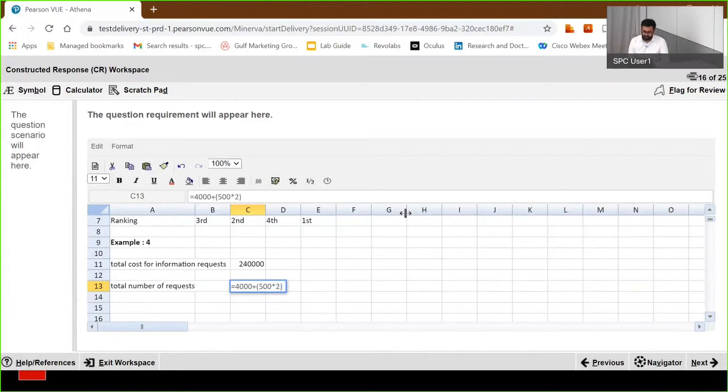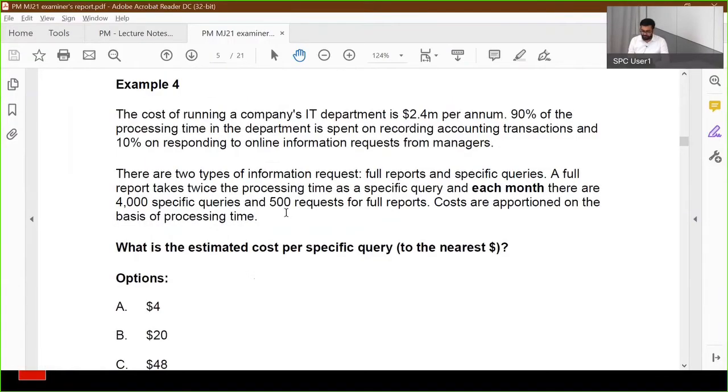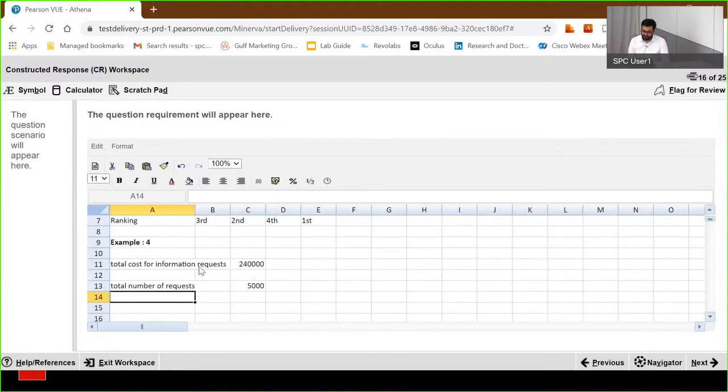The reason we are calculating total number of requests is that this $240,000 cost is incurred for all of these requests. Therefore, we have to convert it into the total number of requests. Now, an important point here is that these requests are for 1 month, whereas the given cost is an annual cost. Therefore, we have to convert these requests into annual requests.